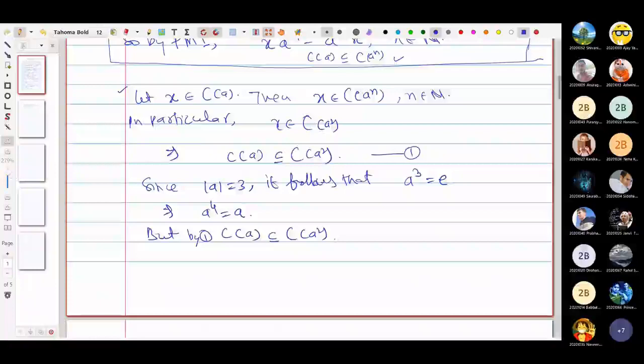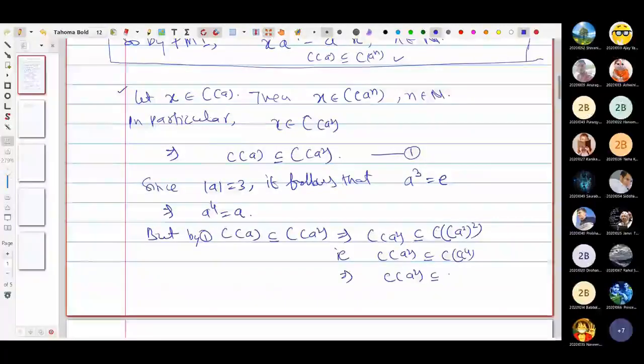This implies that if we replace A by A square, this would also hold. So the centralizer of A square will be contained in the centralizer of A square squared, that is, the centralizer of A square is contained in the centralizer of A to the power 4. And A to the power 4 is nothing but A, so the centralizer of A square is contained in the centralizer of A. This is number 2.